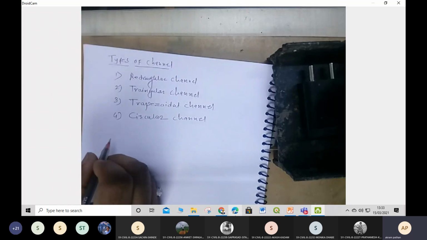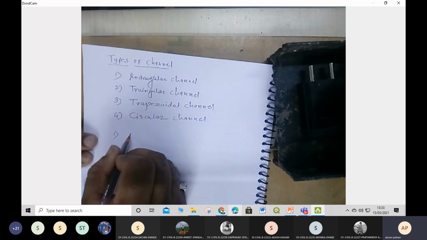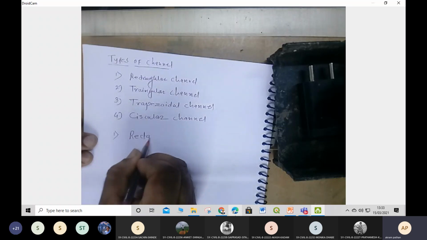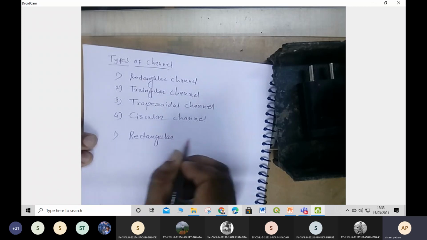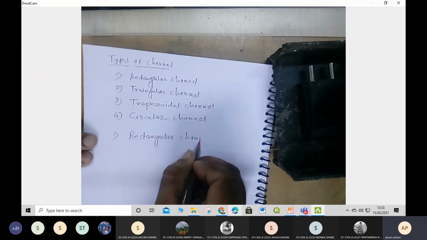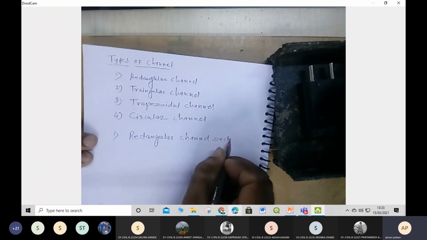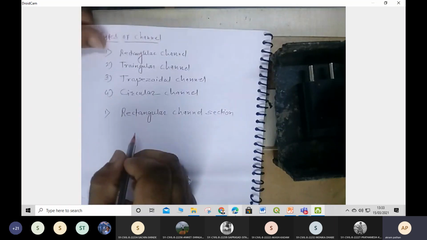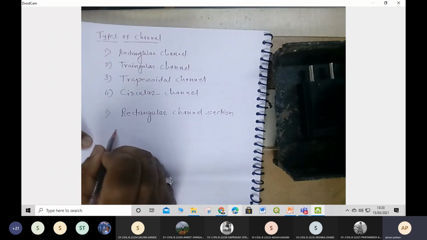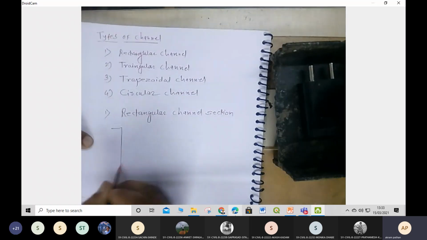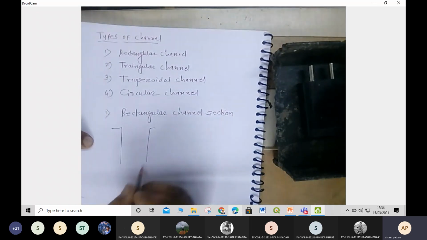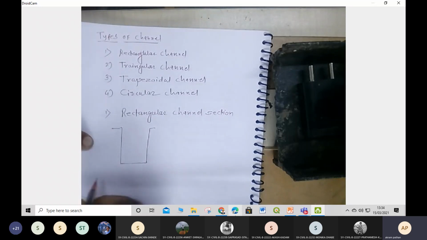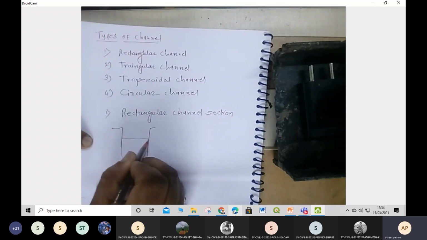Now let us try to understand the diagram of the rectangular channel section. The first one is the rectangular channel section. For example, here we have a rectangular channel section in which the water is flowing to a certain depth.